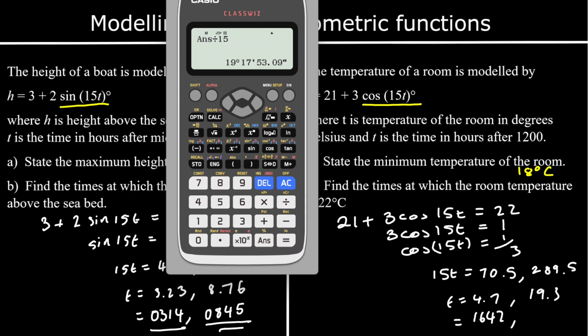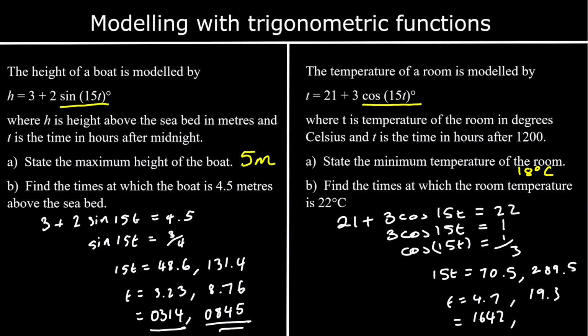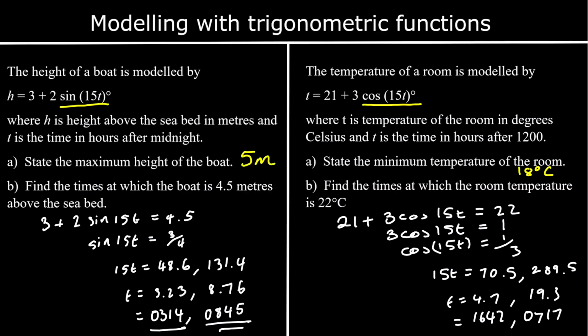So 12 hours gets us to midnight. So another 7 hours and 17 minutes. So it's 7:17 in the morning, 7:17 and 53 seconds to be precise. So either 7:17 or 7:18 would be okay.